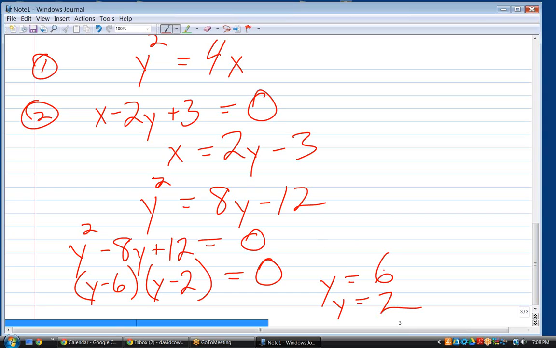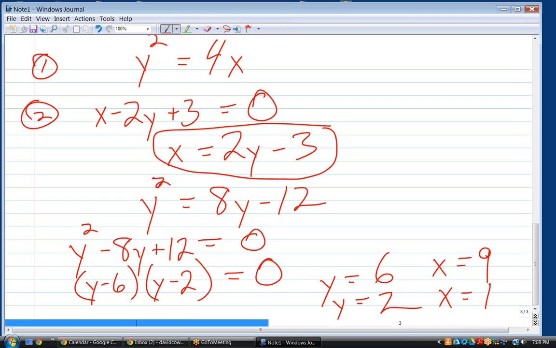If you substitute 6 for y into this, what do you get? 9. So x equals 9 when y is equal to 6. What is x equal to when y is equal to 2? 1. Okay. So our solutions would be 9, 6 or 1, 2.